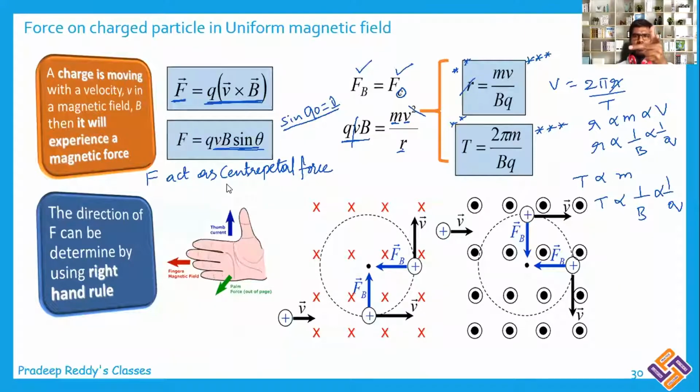Fleming's left hand rule says that the thumb gives the direction of force, the index finger represents the magnetic field, and the middle finger represents the velocity of the particle, right?